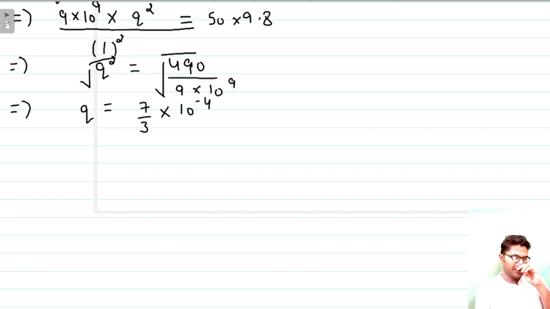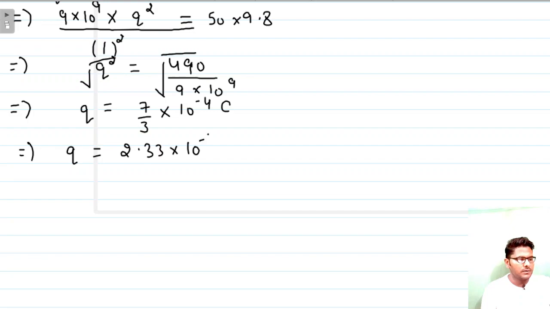Okay, so your answer will be 7 by 3 into 10 raised to the power minus 4 coulombs. Or you may also write in the decimal form 2.33 into 10 raised to the power minus 4 coulombs. The question is solved.